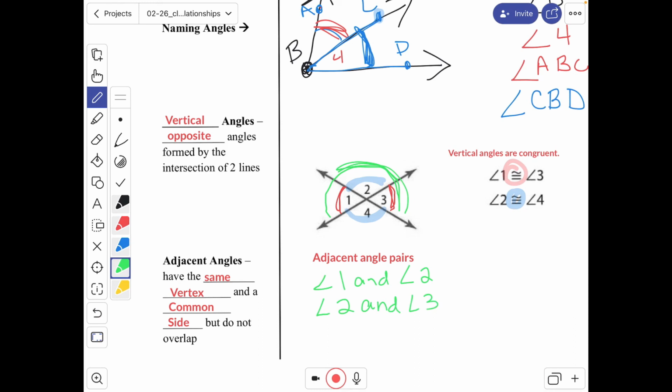And we're just going to keep going around the circle. Angle 3 and angle 4 are adjacent. They're right next to each other. They share a common side and they share a vertex. One more. Angle 1 and angle 4 are also adjacent.